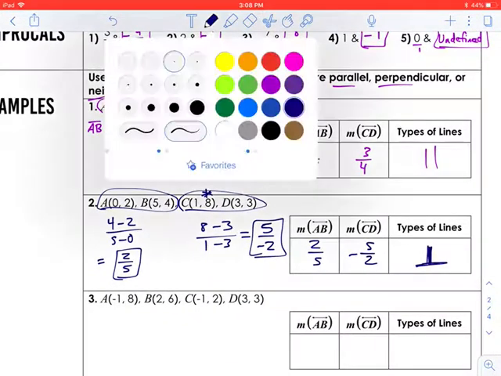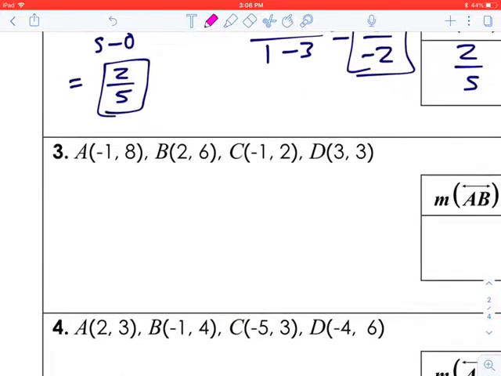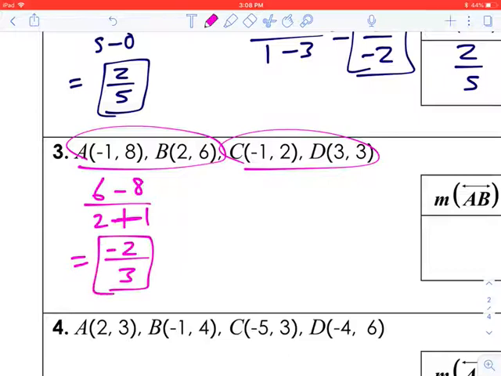Okay. So let's go ahead and finish out the page here. A and B, C and D. So for AB, 6 minus 8 over 2 minus negative 1. So 6 minus 8 is negative 2 over 2 plus 1. So negative 2 over 3. So CD, I'm going to start with 2. Or no, actually, I'm going to start with the 3.